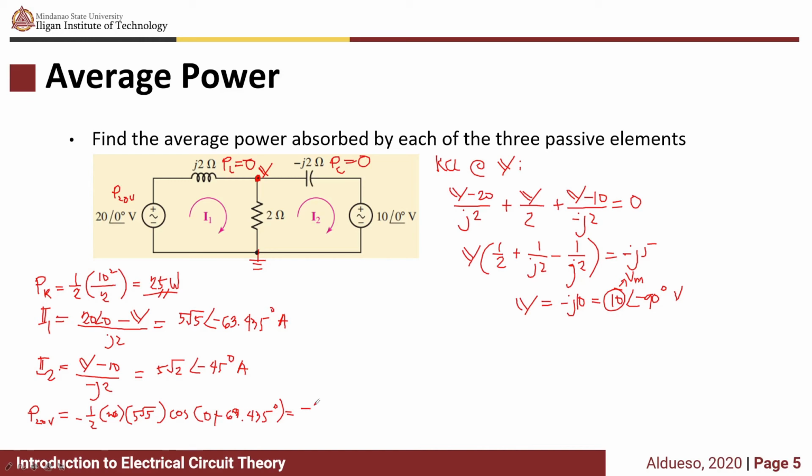We have negative 50 watts. So our 20 volt source is supplying 50 watts.